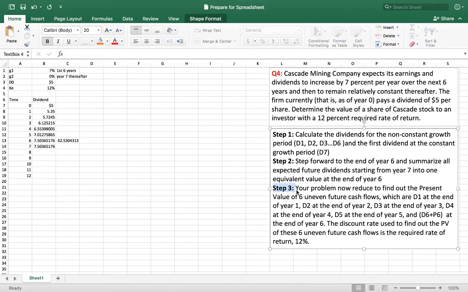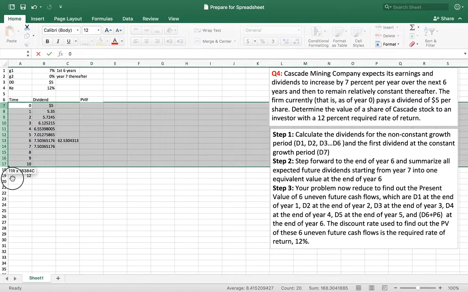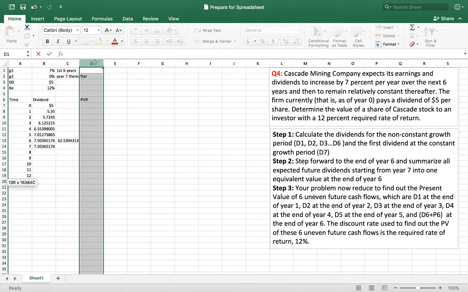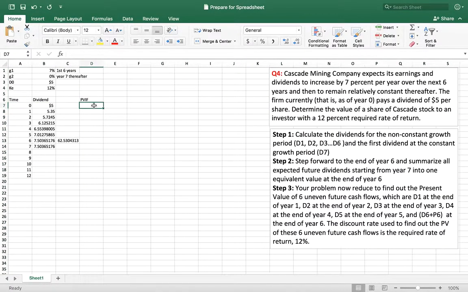I first generate the present value interest factor. I type present value interest factor in cell D6 to indicate that the number shown below row 6 in column D represents the present value interest factor corresponding to different time periods.